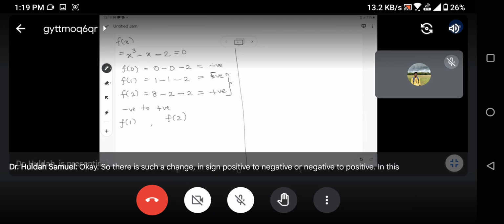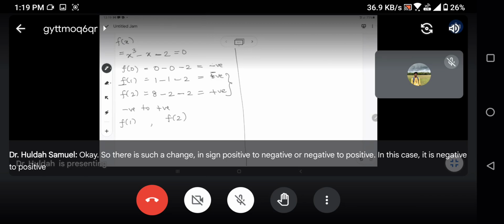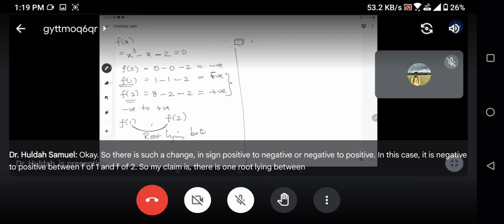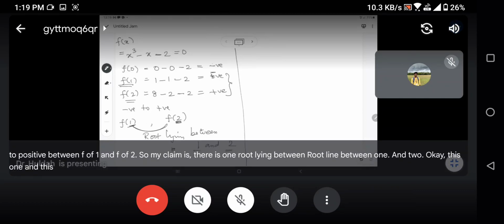In this case, it is negative to positive between f of 1 and f of 2. So my claim is there is one root lying between 1 and 2.